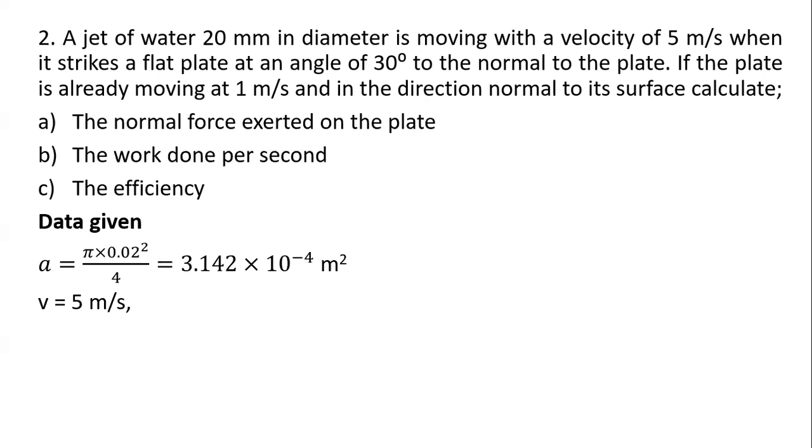It's 5 meters per second. Initially, the plate is moving at 1 meter per second. So that's our u. Then the angle at which this is striking the plate, or the angle of inclination of the plate, is 30 degrees. So this is the information we have. And what do we need to do? Let's get the force first of all.